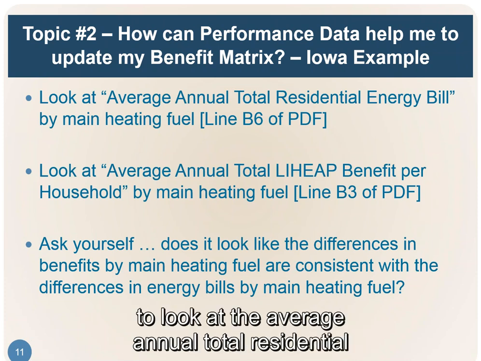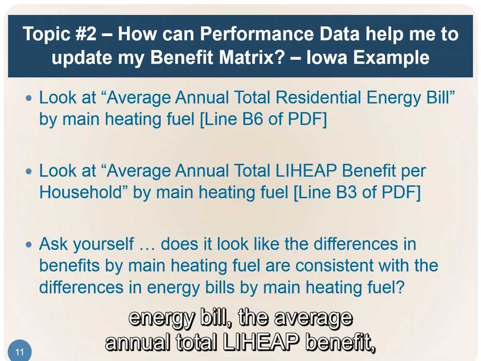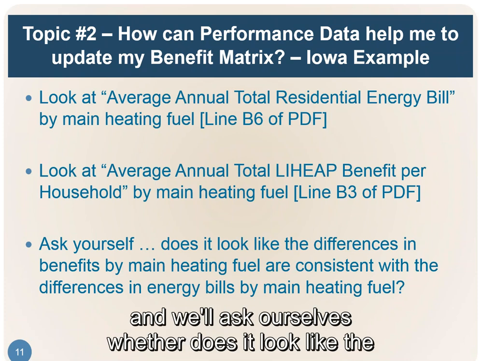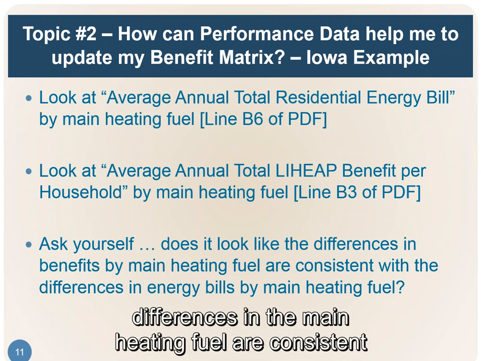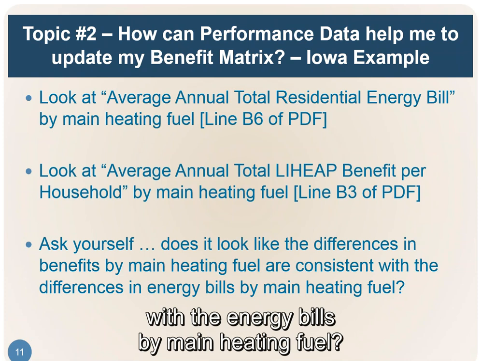So again, we're going to do the same thing. We're going to look at the average annual total residential energy bill, the average annual total LIHEAP benefit, and we'll ask ourselves whether it looks like the differences in the main heating fuel are consistent with the energy bills by main heating fuel.